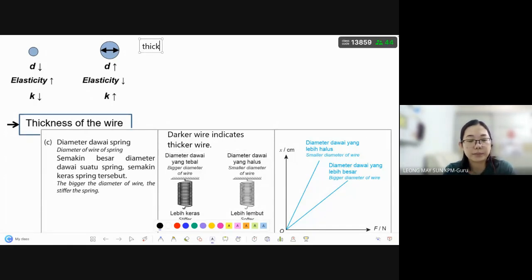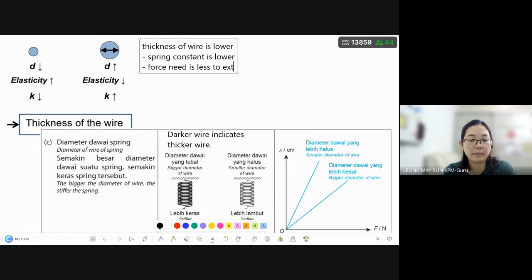So if the thickness of the wire is low, for example, lower thickness, it actually means that the spring constant is lower. And the spring constant is lower means that the force needed to extend is lower, is less.